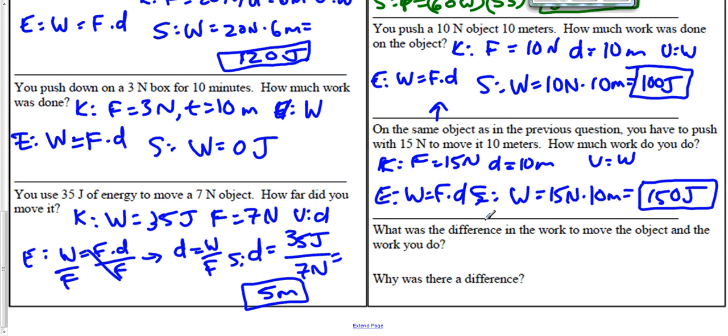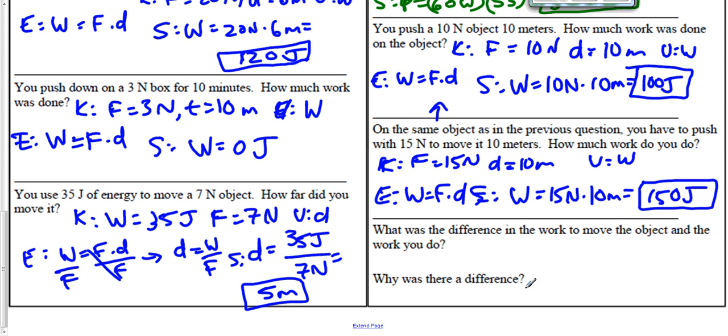Okay, for the last question it asks, what was the difference in the work to move the object and the work you do on the previous two? Okay, and then it says, why was there a difference? Okay, so the difference was that we did 150 joules of work here versus 100 in the previous one. So we did more work, okay?